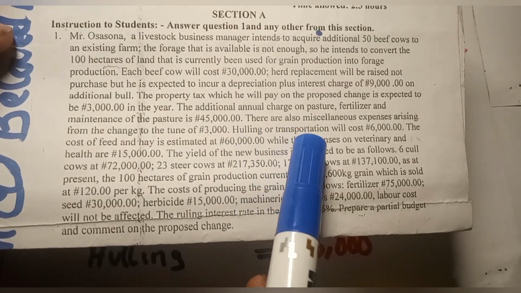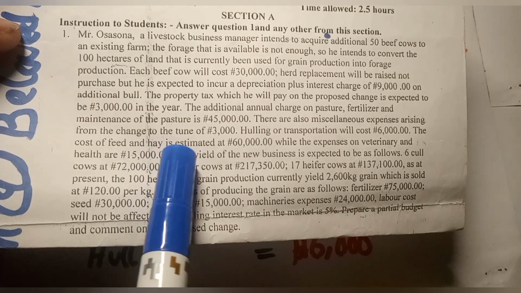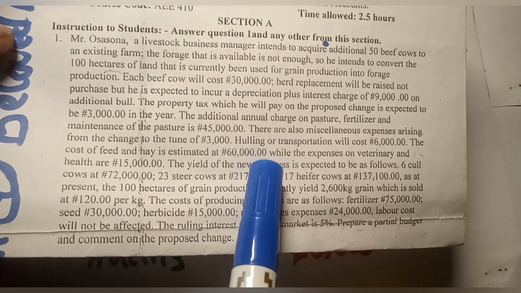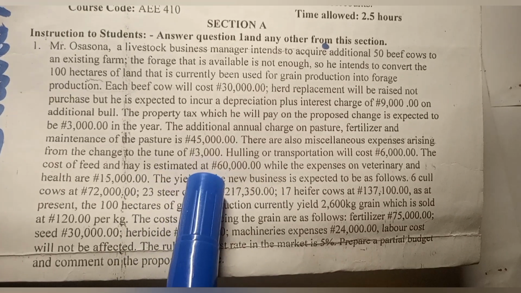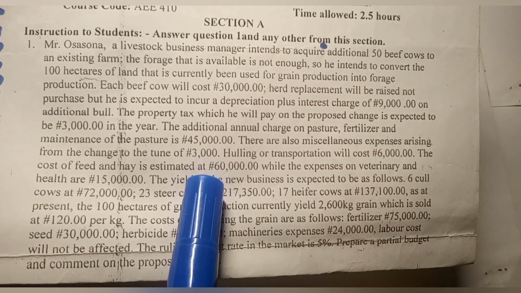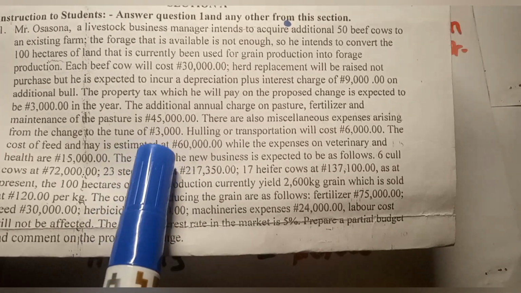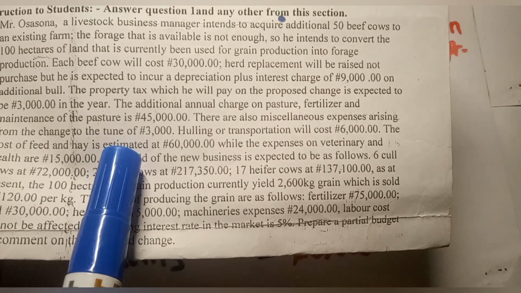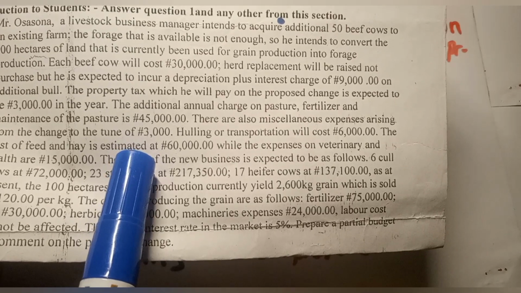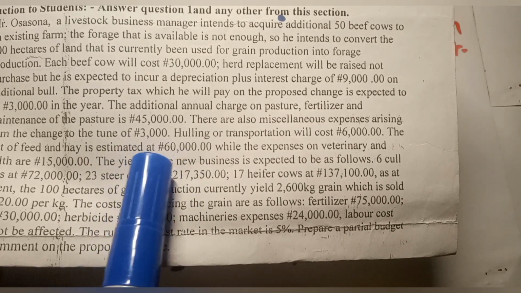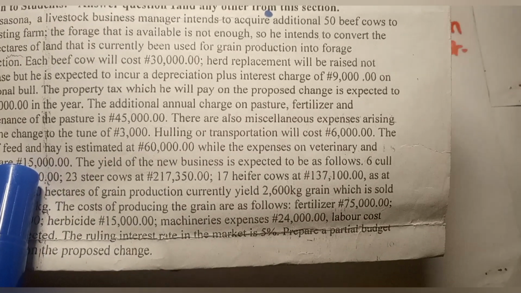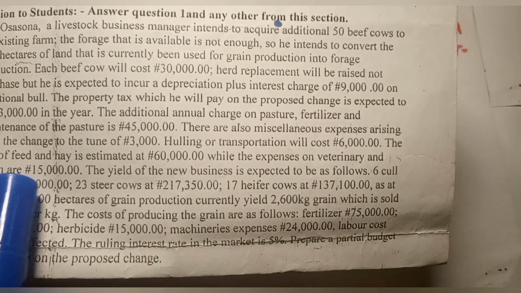After hauling and transportation, the cost of feed and hay is estimated at 60,000 naira, while the expenses on veterinary and health is 15,000 naira.